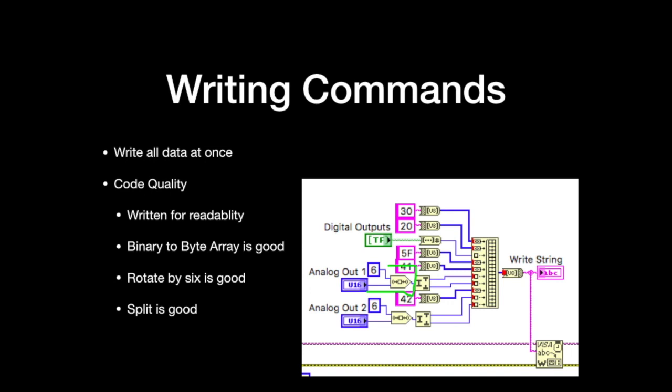This function here is a rotate function, so I'm taking an analog output with a range of 0 to 1023, rotating it 6 times to the left, placing it in the top 10 bits of 2 bytes. I then use the split function here to divide that into 2 separate bytes to send out to the quiet board. This method has been working very well for me and is the most efficient I have found to date.